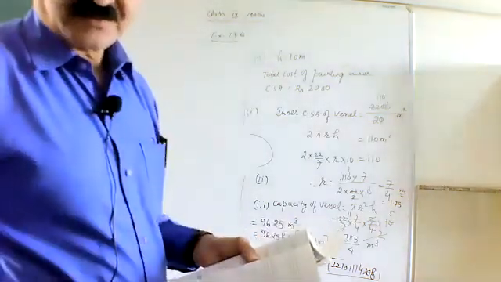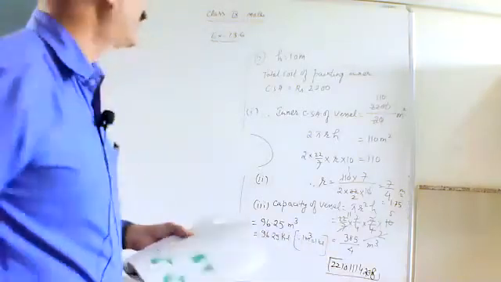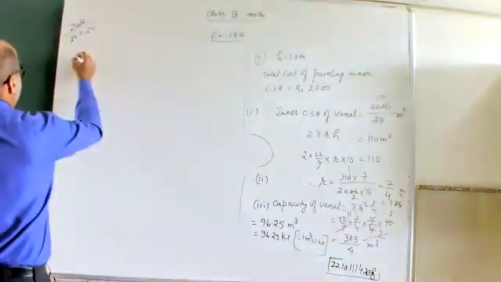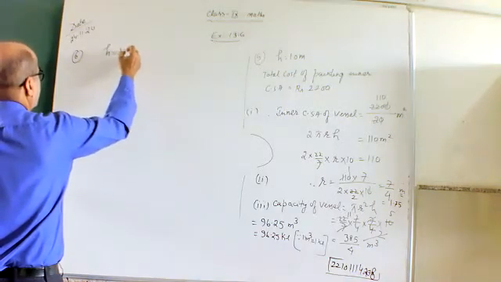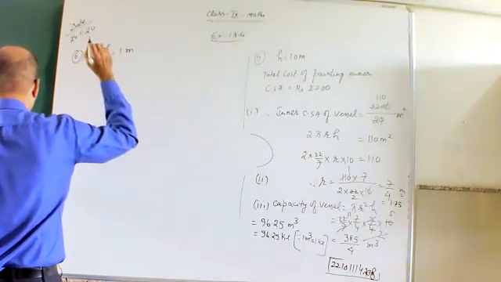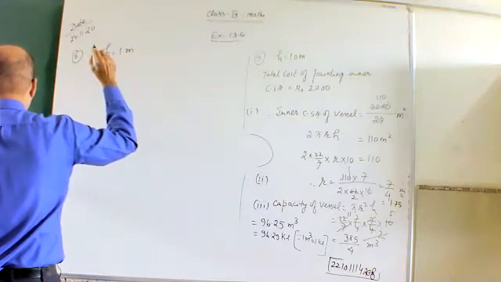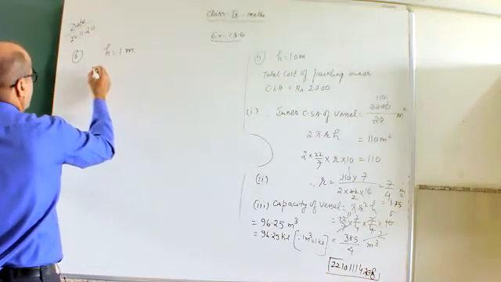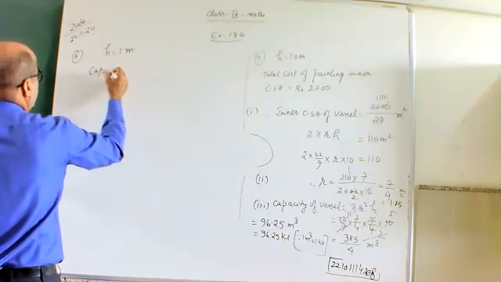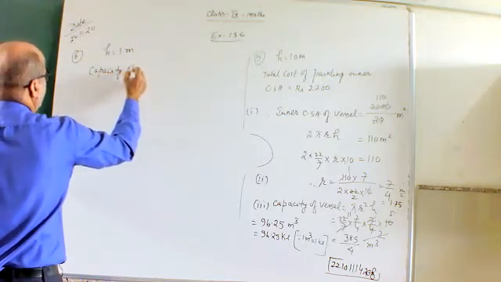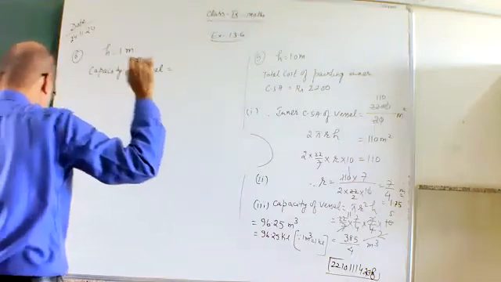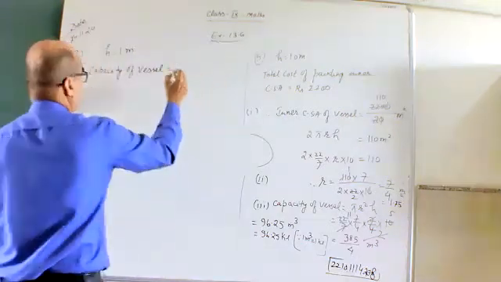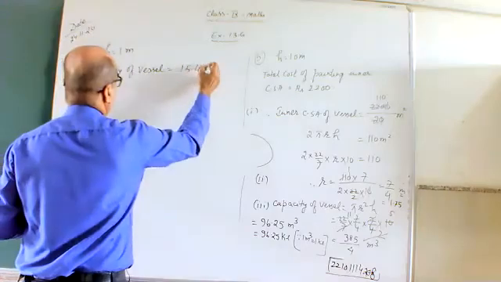Question number 6 is also a very good question. It is given that the height of the cylinder is 1 meter and the capacity of the cylindrical vessel is 15.4 liter.